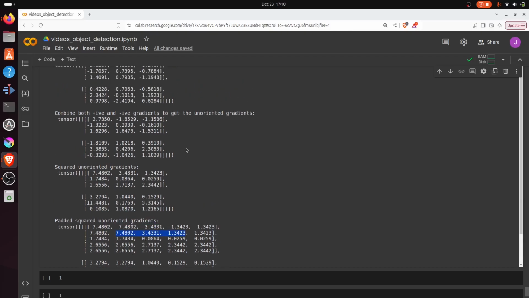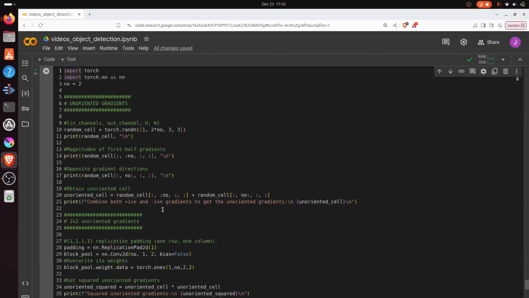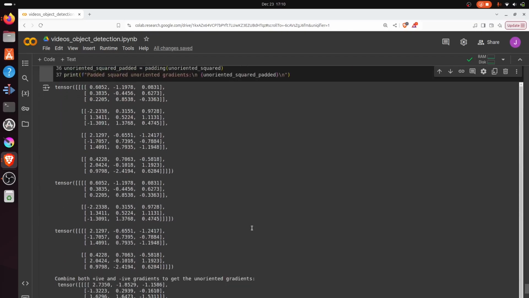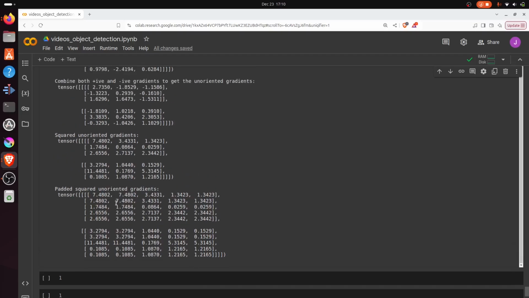Here, nn.ReplicationPad2d, if we introduce just a 1, this meant that it was going to introduce a padding of 1 in the row dimension and 1 in the column dimension. That is why we got 1 extra column at the beginning, 1 extra column at the end, 1 extra row at the top, 1 extra row at the bottom.